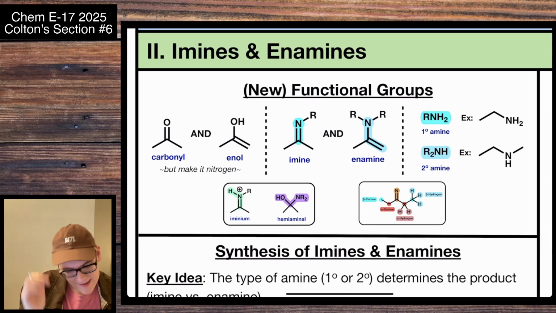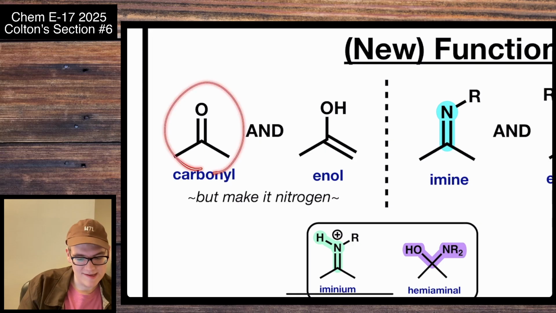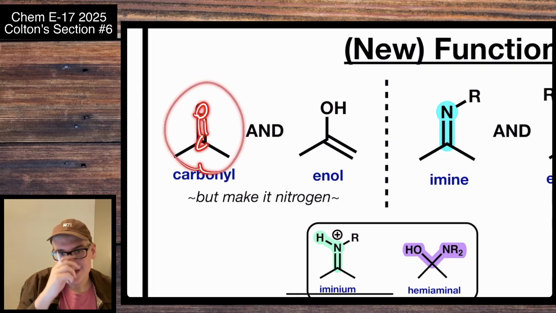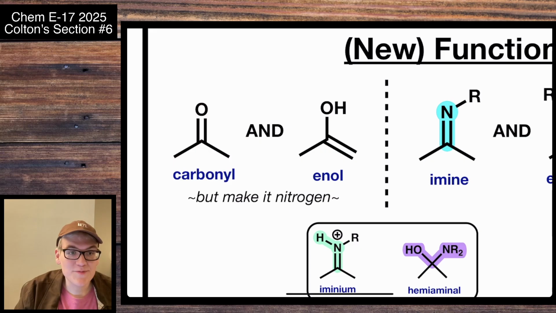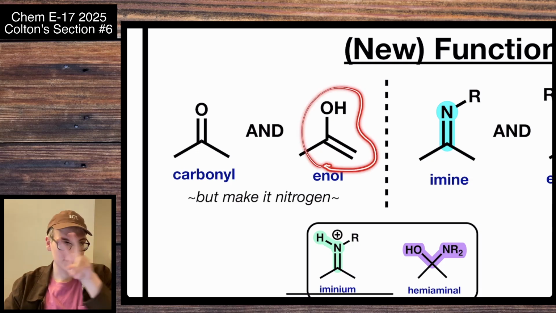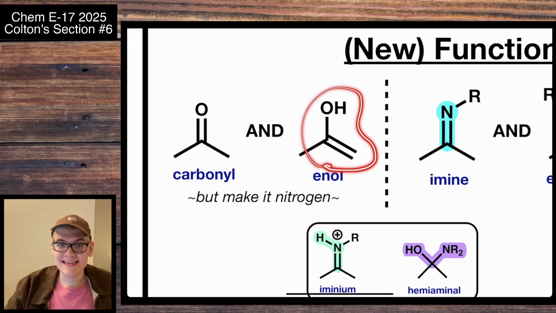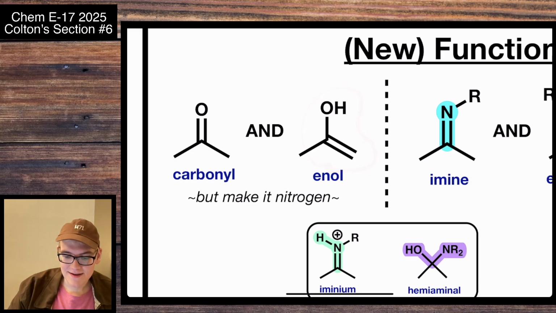Previously, we have seen carbonyls, a C double bond O, and another one that y'all probably have not seen directly, but I'm wondering if it can make sense to y'all. This is a compound functional group called an enol. It's made up of an alkene and an alcohol.